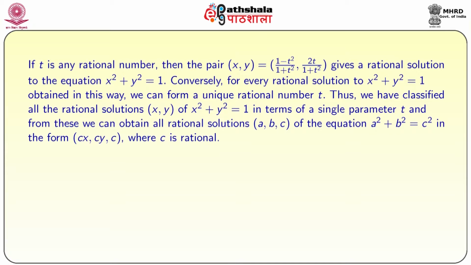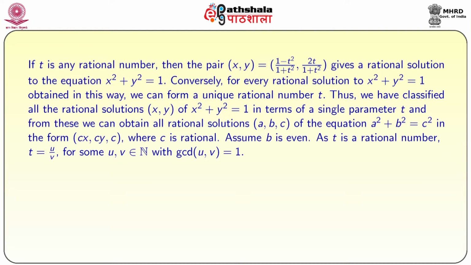Conversely, for every rational solution to x square plus y square equal to 1 obtained in this way, we can form a unique rational number t. That means there is a one-to-one correspondence between the rational numbers and the rational solutions to x square plus y square equal to 1. Thus, we classified all rational solutions x, y of x square plus y square equal to 1 in terms of a single parameter t, and from these we can obtain all rational solutions a, b, c of the equation a square plus b square equal to c square in the form of (cx, cy, c), where c is rational.